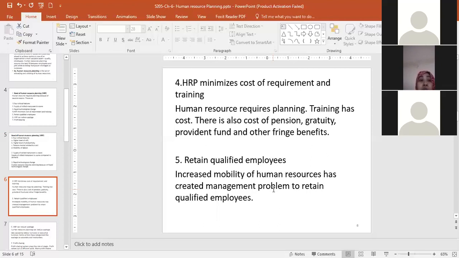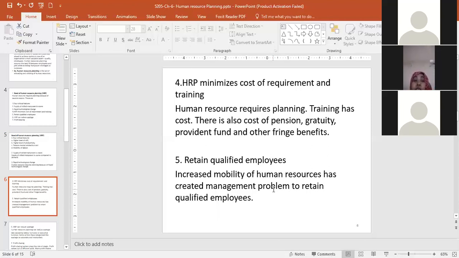Higher recruitment cost encourages upgrading from within. So as a result, the time during which an employee's contribution is not less than his or her cost of employment, he or she is most likely to be retained. So we need human resource planning because it minimizes cost of recruitment and training.